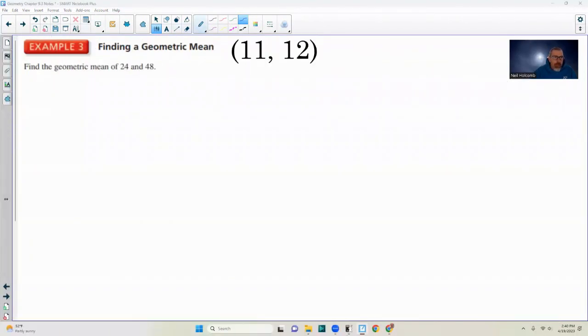Okay, so here we go. Example 3, finding a geometric mean. Okay, so in this case, we have A equals 24, B equals 48, and the geometric mean formula was x squared equals A times B. So step 1, like always, write a formula.